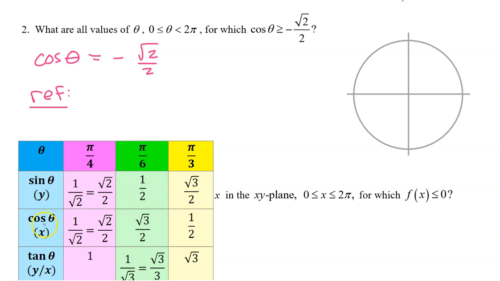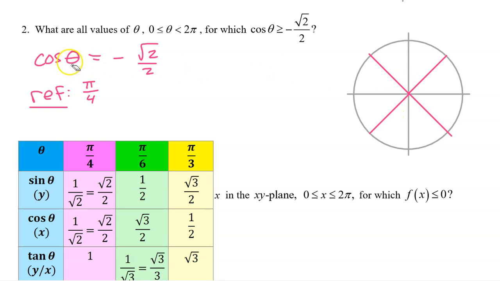We have memorized that the cosine of pi over 4 is radical 2 over 2, so pi over 4 is the reference angle. On the interval from 0 to 2 pi, here are the four angles with a reference angle of pi over 4.